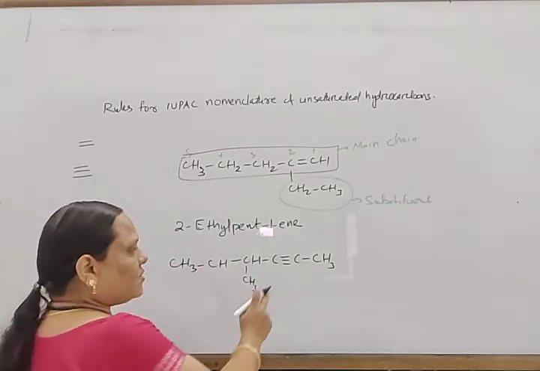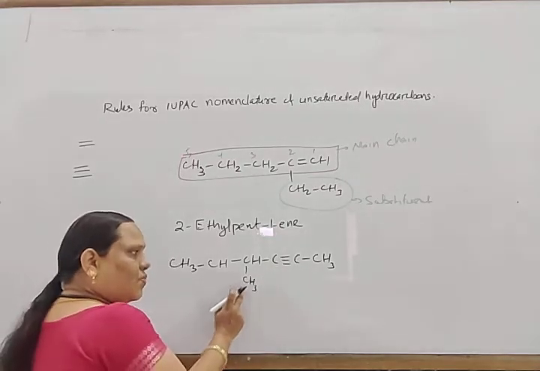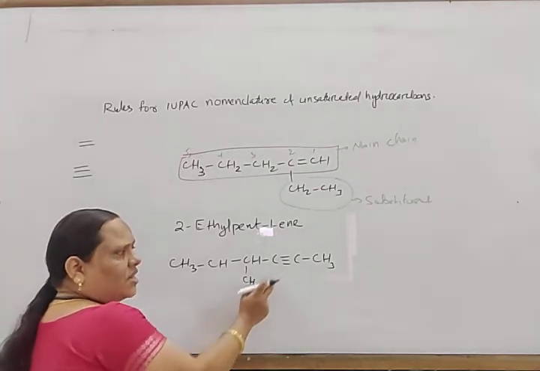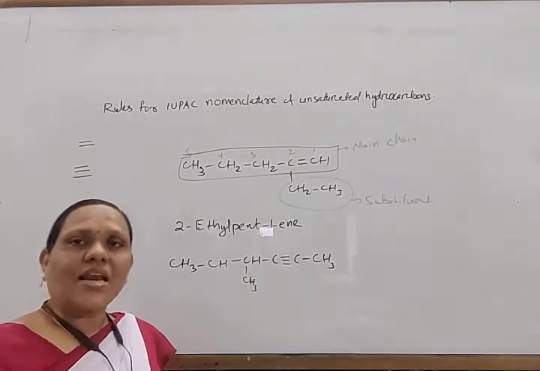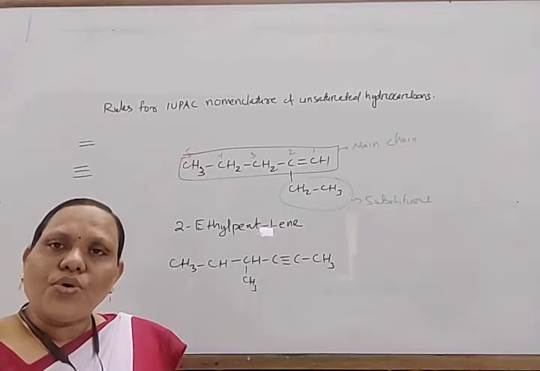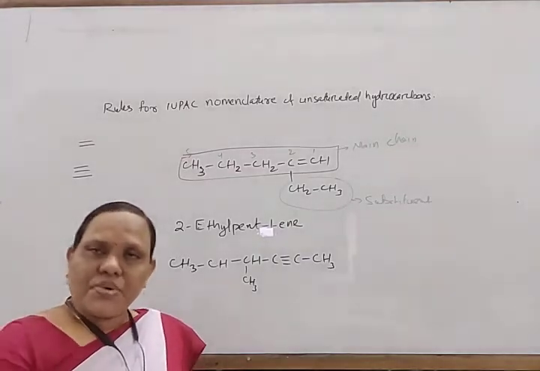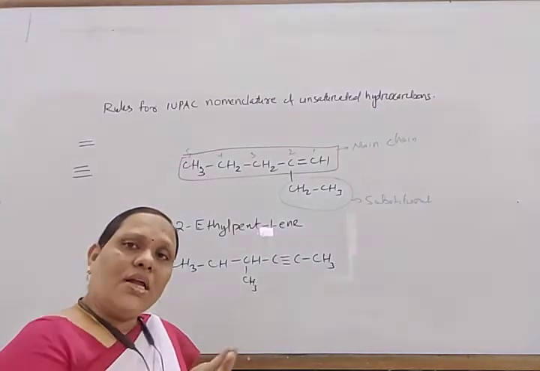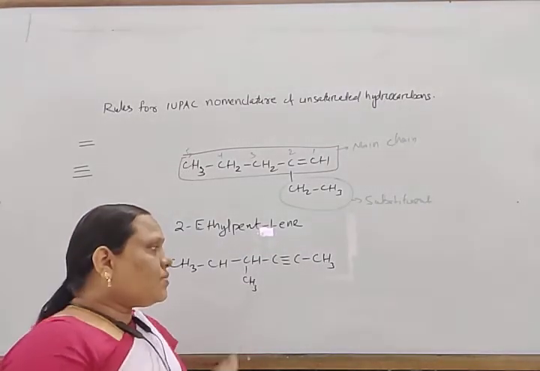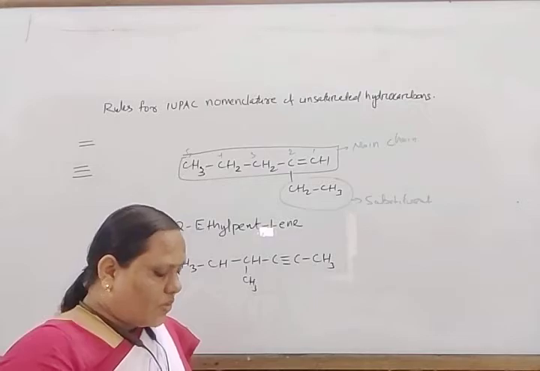So as this is the long chain, you have to give the alkyl group and the triple bond. If a double bond or triple bond and an alkyl group are present, then give more importance to the triple bond and double bond. Whichever gets more importance should get the lowest position, lowest number, lowest locant.